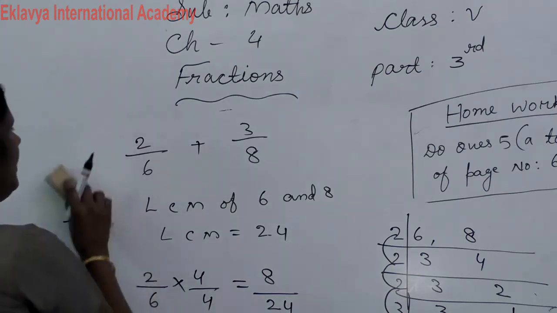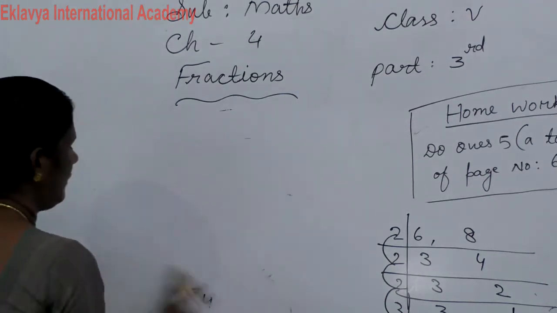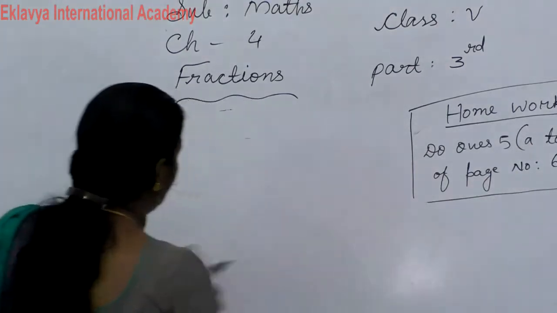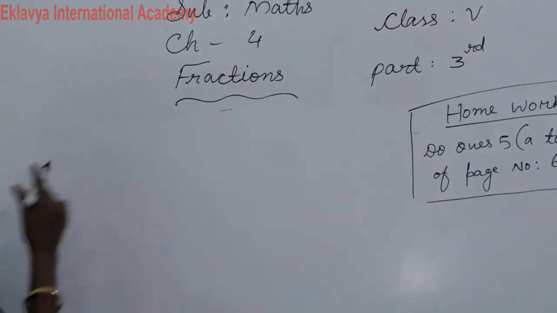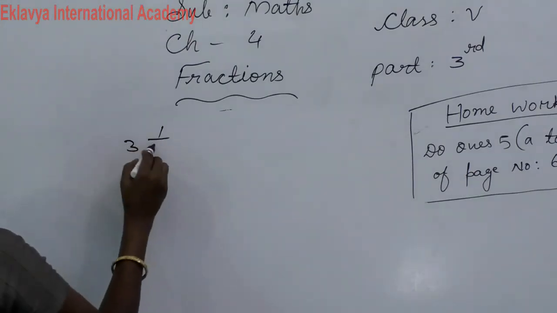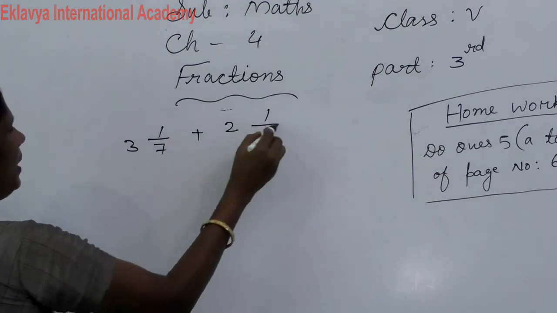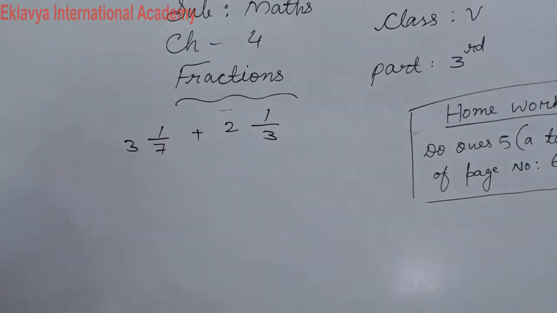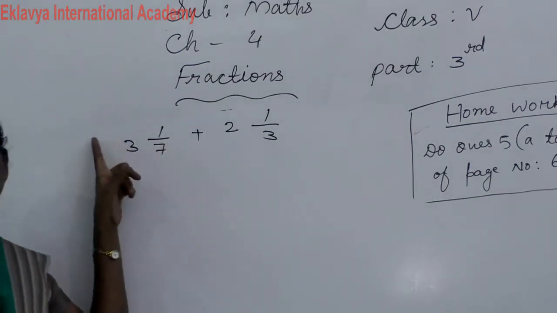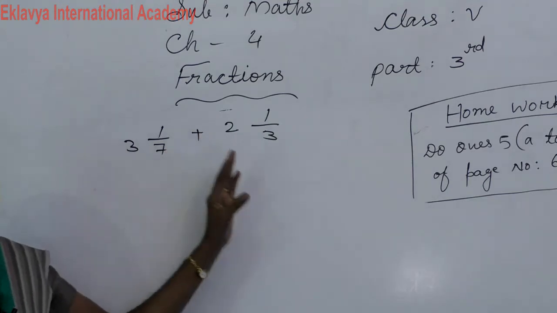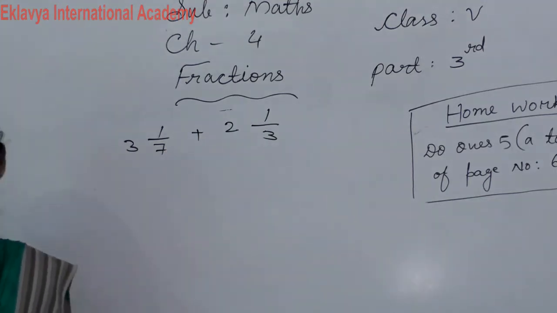One more question. 3 1 by 7 plus 2 1 by 3. Which fraction is this? Mixed fraction. First you convert mixed into improper.